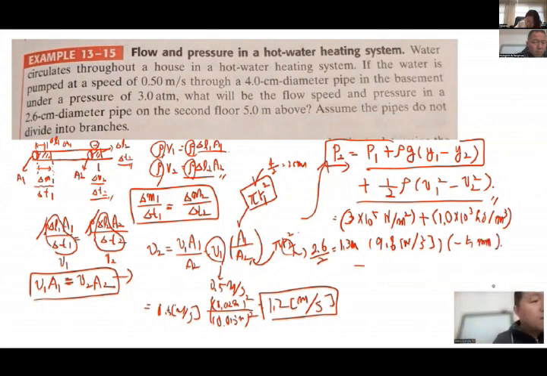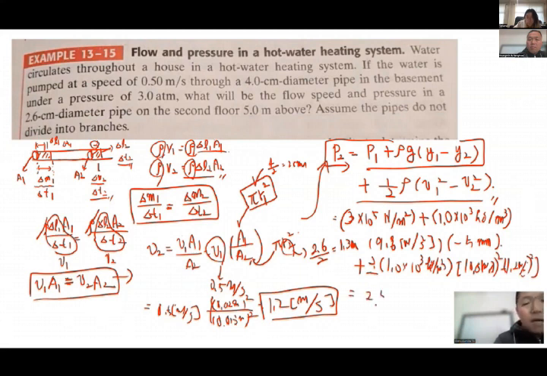Then plus one half times 1.0 times 10 to the 3 kilogram per cubic meter times 0.5 meter per second squared minus 1.2 meter per second squared. So you plug in those numbers, and it leads to the answer of 2.5 times 10 to the 5 Newton per square meter, which is the same as 2.5 ATM.